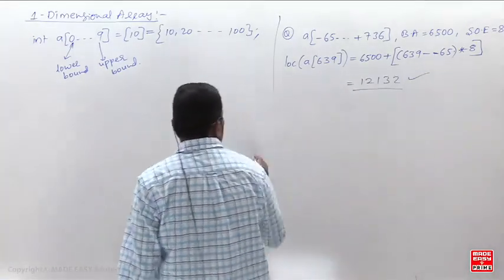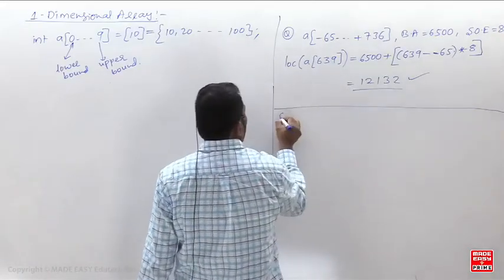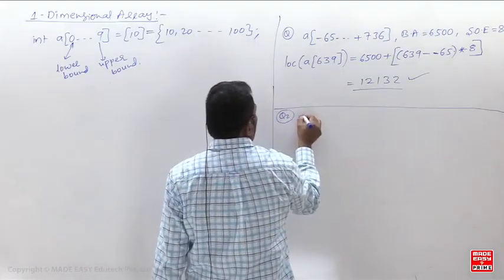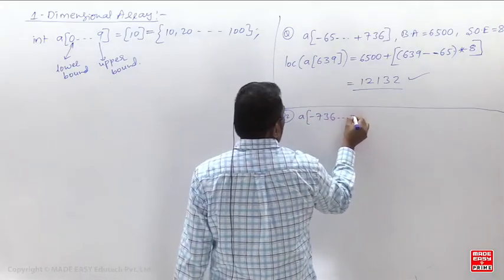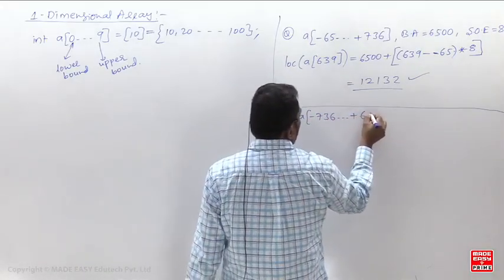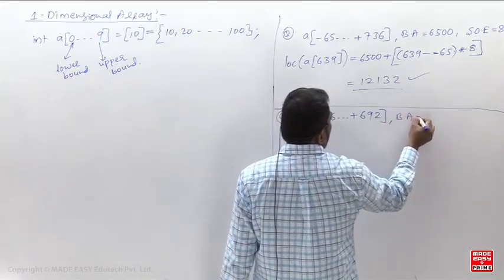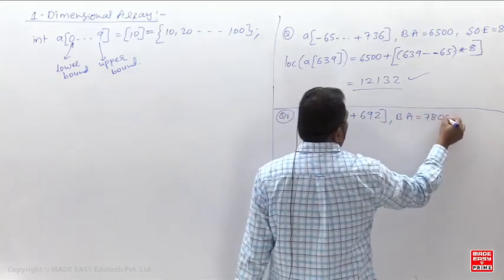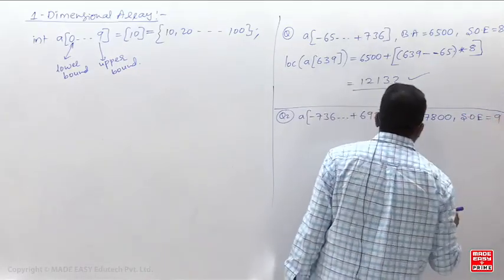Next, take the next question. Question number 2. Note down A of minus 736 to plus 692. Base address is 7800, and the size of the element is 9 bytes.